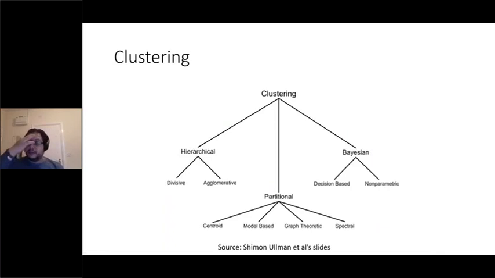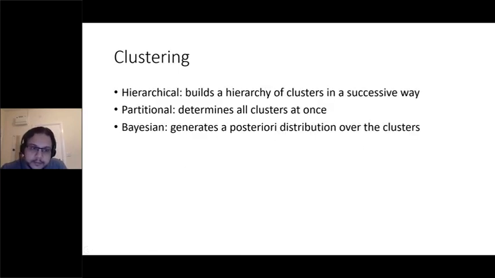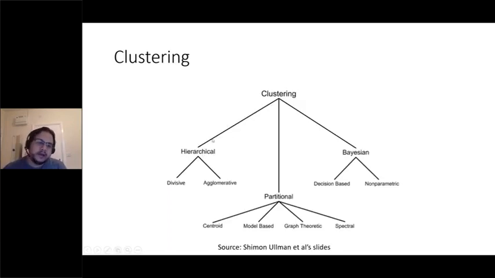In clustering algorithms, we have three main families: hierarchical, partitional, and Bayesian. Today, we are going to look into one of the most used algorithms for clustering. It is called K-means. You probably heard about it. Hierarchical builds a hierarchy of clusters in a successive way. We have two big clusters, and then we keep dividing them until we reach the end.